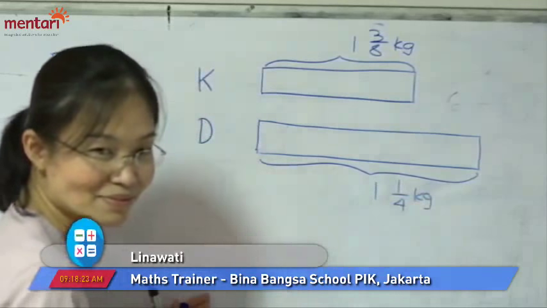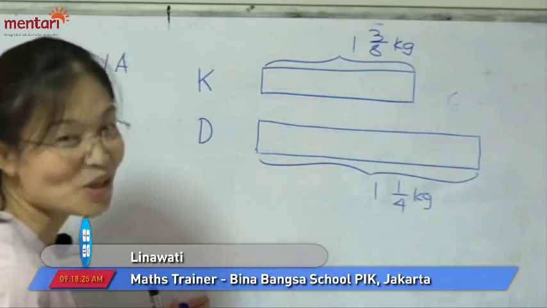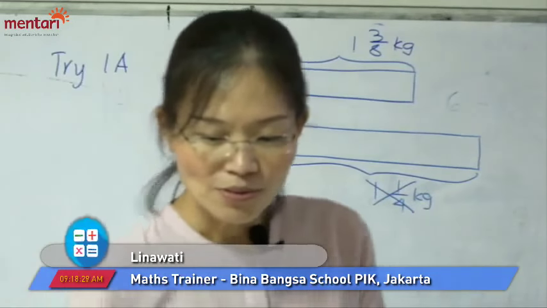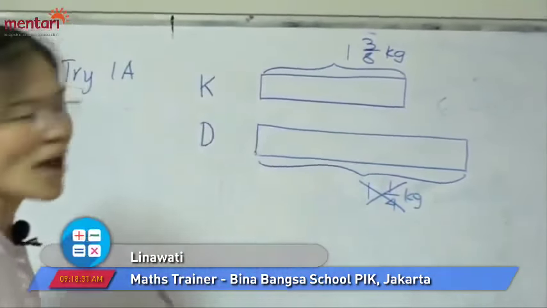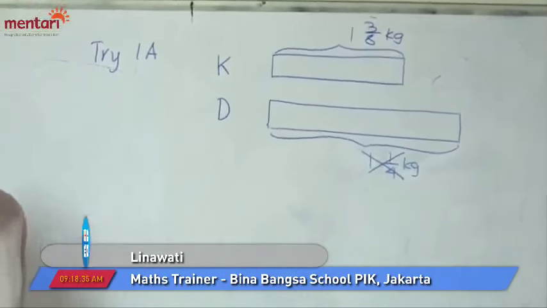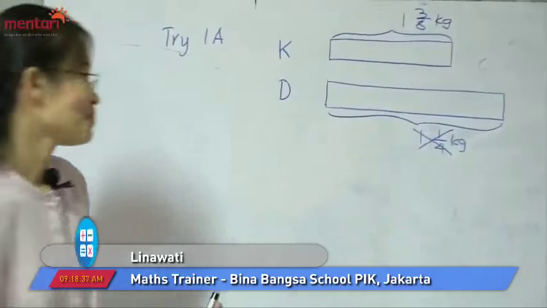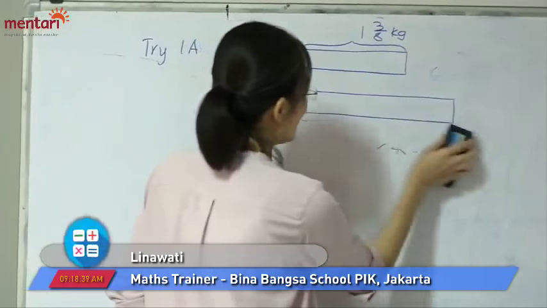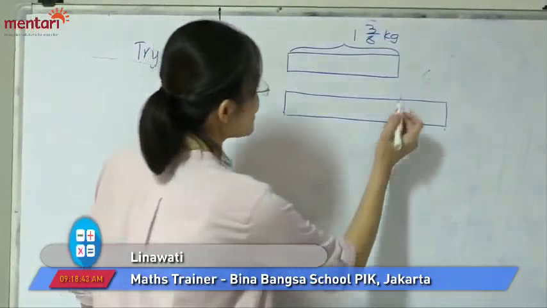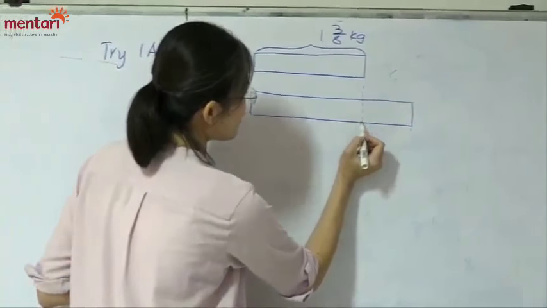Is it? No, it is not. You are right. It is not. Okay? And therefore, the question is, where should 1 and 1/4 kilogram be in the bar model? Yes, the 1 and 1/4 less than is actually this part.